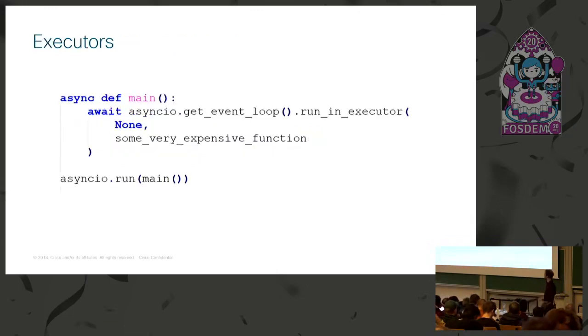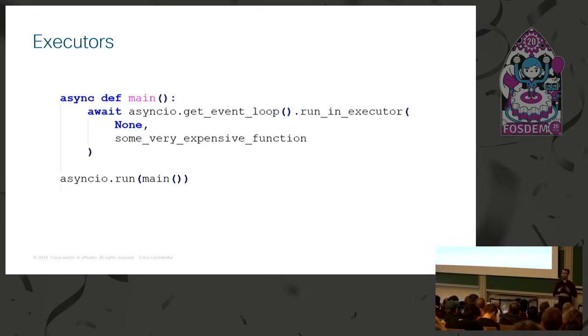Then there are executors, which is also something good to know about. So this is something you use whenever you have to run traditional blocking code. It could be either a situation where you have a blocking I/O library, like requests, or it could be a situation where you have very CPU-intensive code. In that case, also, you would block the event loop.